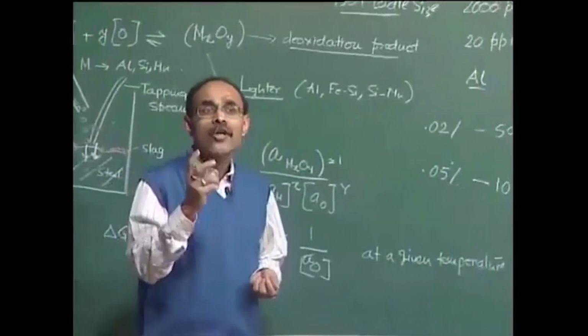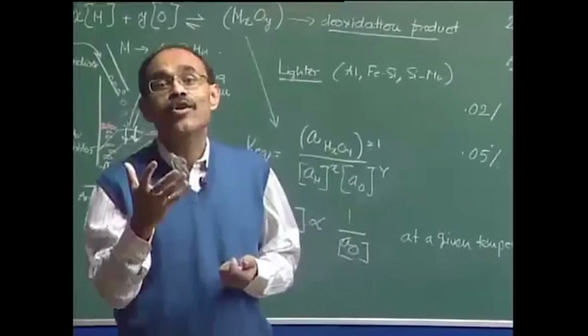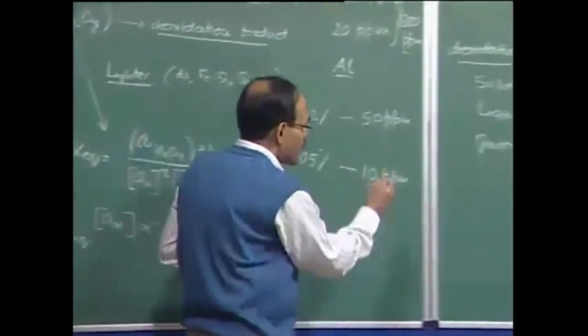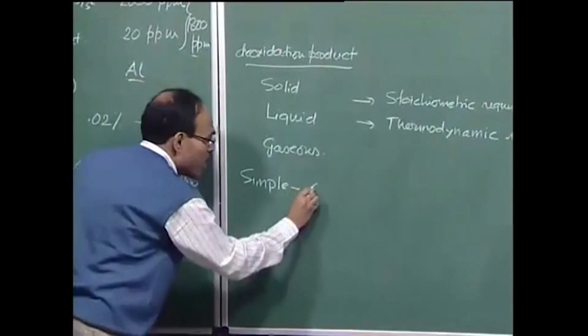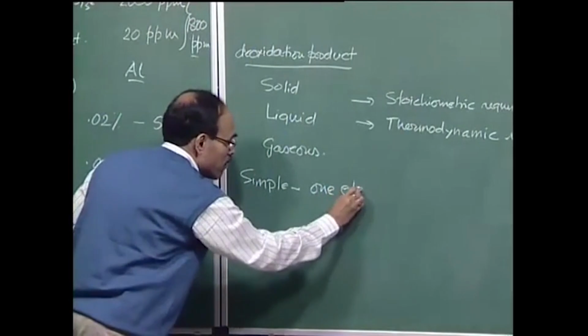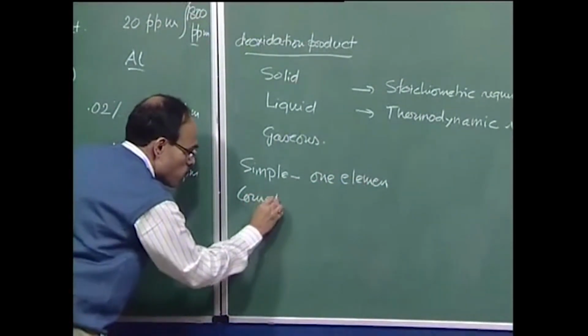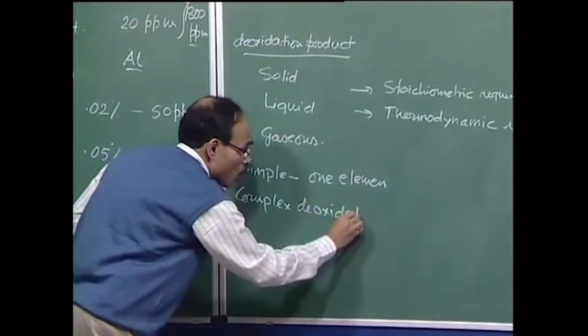Deoxidations basically are two types. One is called the simple deoxidation and the other is called complex deoxidation. Now, what does this imply? The simple deoxidation means that you have only one element, and complex deoxidation means we have more than one element.